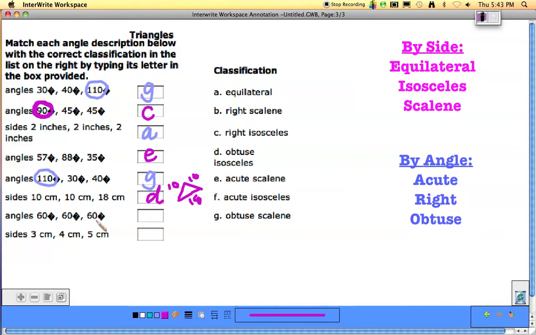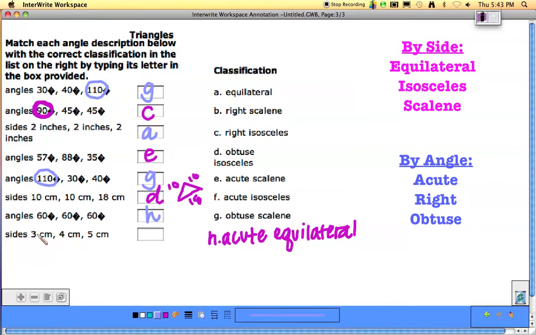So it's an acute equilateral. And I'm not sure where this answer choice is here. So I'm just going to put next down here, acute equilateral, and go with it. We'll say that's H. Okay.